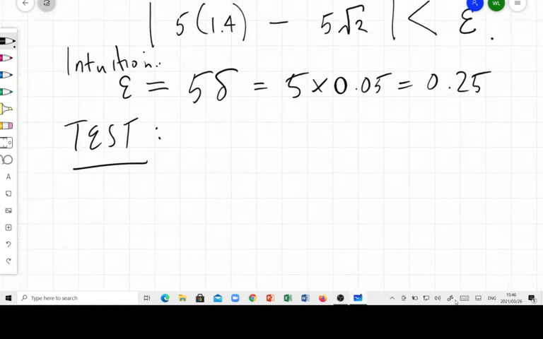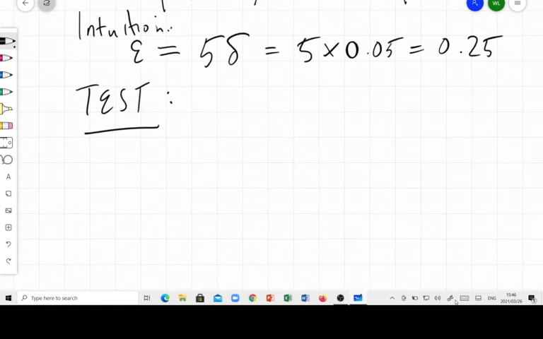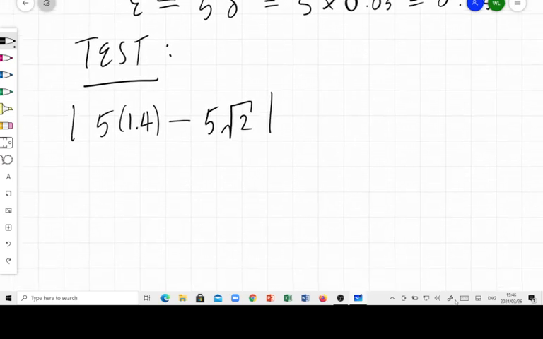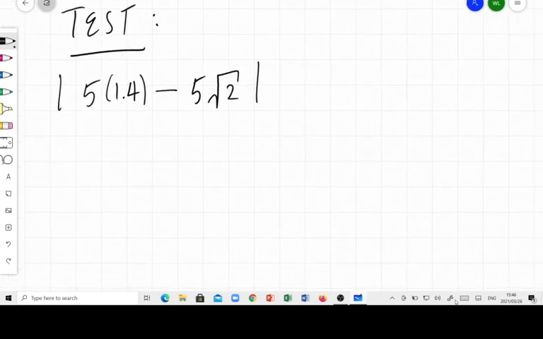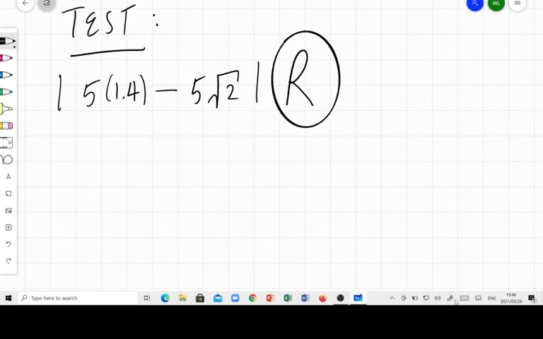Okay, so remember that the whole idea. Okay, so we want to see how much does 5 times 1.4, the approximate, differ from the actual 5 times square root of 2. So in this particular case, the key to doing this is to try to reduce it to the previous distance or deviations that we know, which is the deviation from 1.4 and square root of 2.